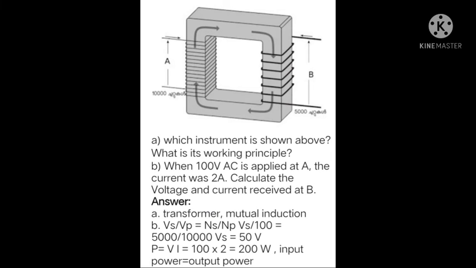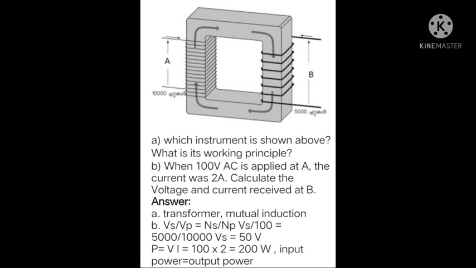Which instrument is shown above? Transformer. What is the working principle for this? Mutual induction. When 100 volt AC is applied, so Vp is 100 volt at A and the current there. Calculate the voltage and current received by B. A is the primary coil and B is the secondary coil. Here a step down transformer is given.